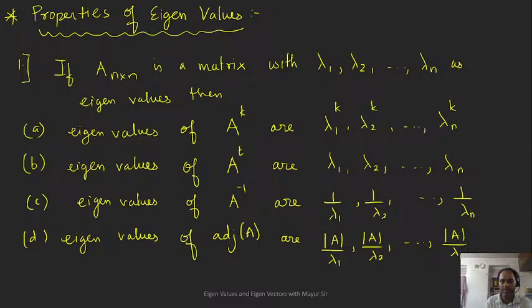So A, B, C, D we saw. Now we will see another property.